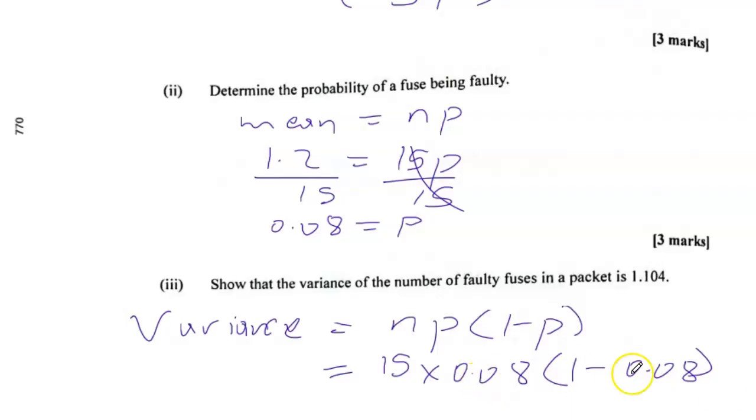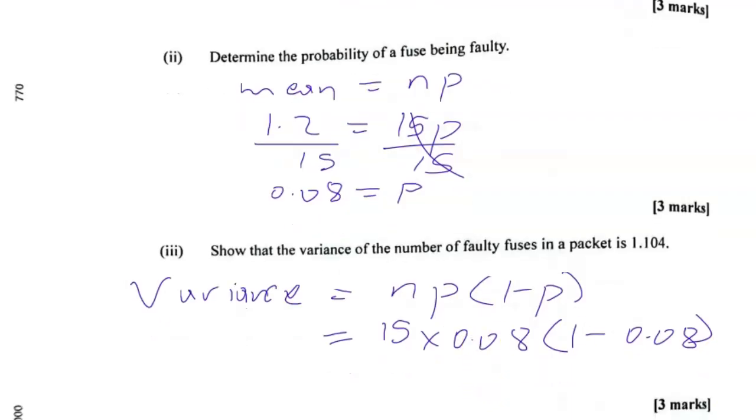So that's 15 times 0.08 times 0.92, and this works out to be 1.104.